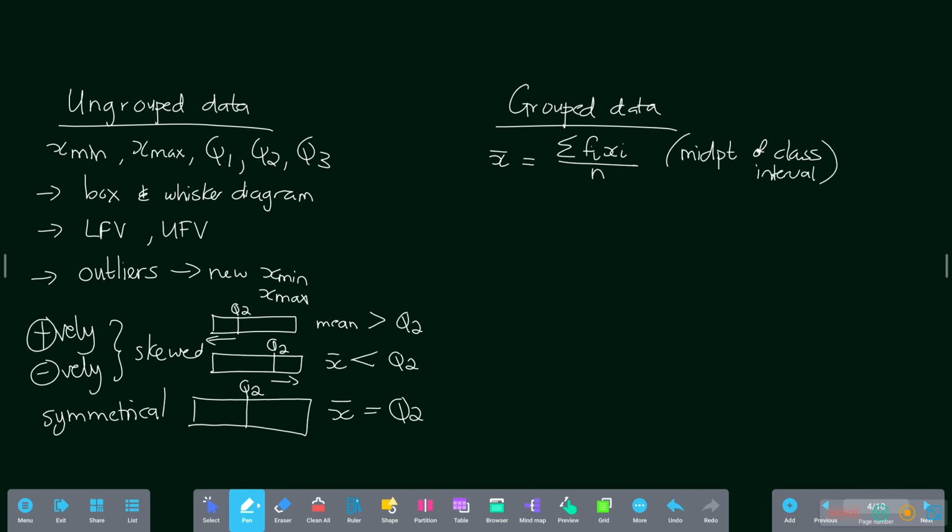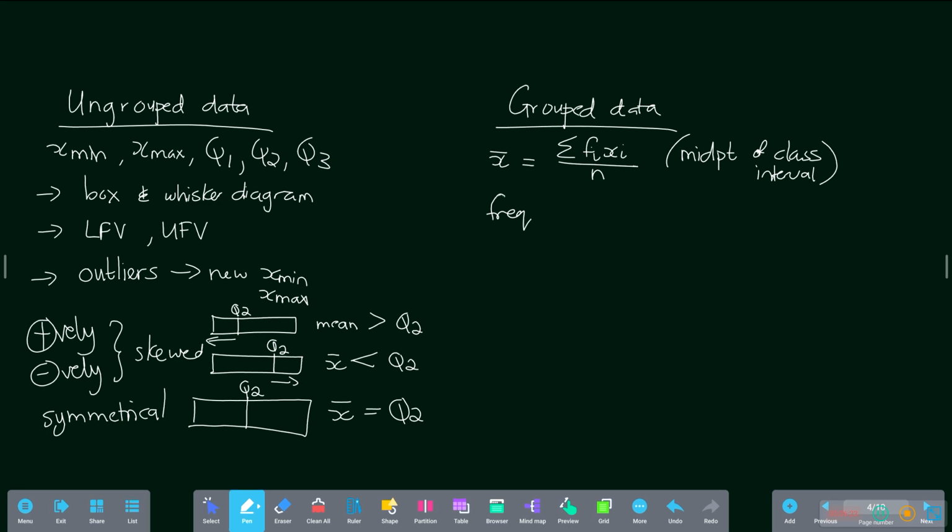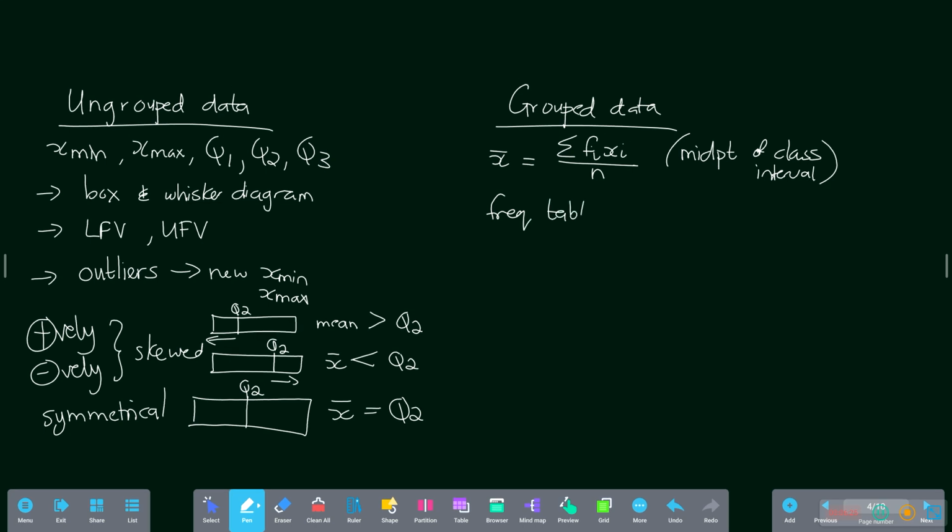Then you need to know how to complete the frequency table, which speaks to being able to calculate the cumulative frequency. Then you also need to know how to calculate the median using that fancy formula of ours, and the mode also using a fancy formula.